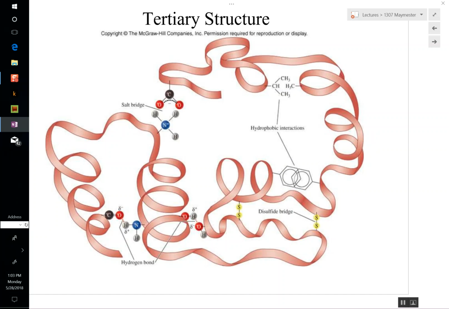So polar interactions and hydrogen bonding, and then here's a salt bridge. You've got the positively charged amino acid plus a negatively charged amino acid, and you get a salt bridge.